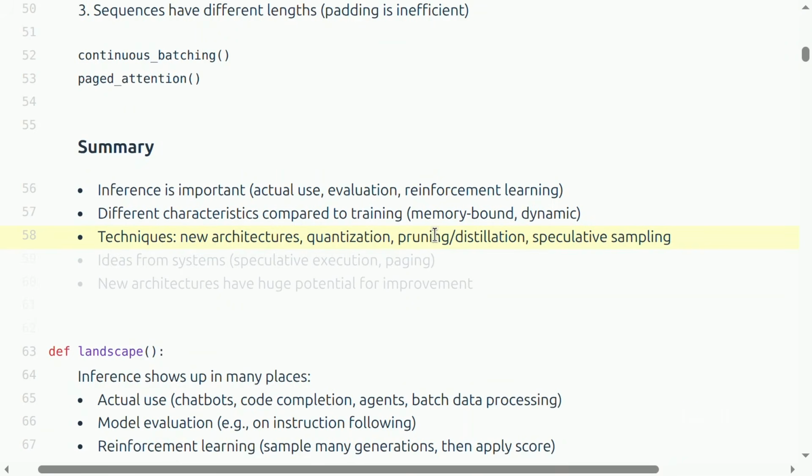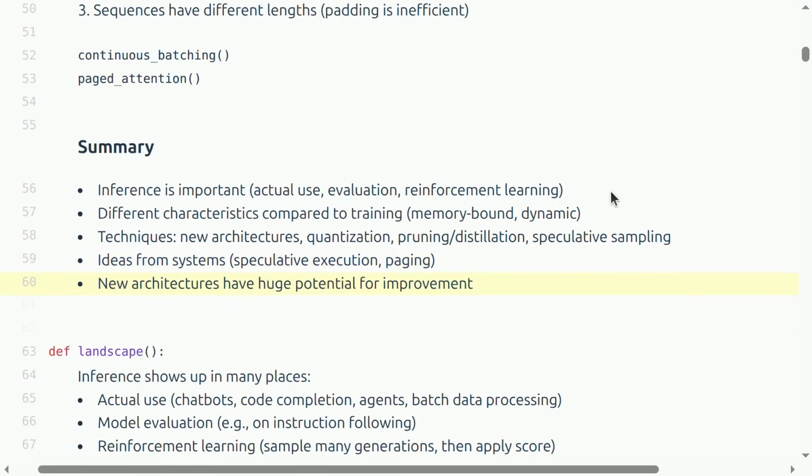You can quantize, you can come up with new architectures, you can prune and distill, you can also use speculative sampling. But all of these are driven by the same principle, which is reduce your KV cache, but don't hurt accuracy too much. And then there are ideas from systems like paging and speculative execution that can be brought to bear for live inference servers.